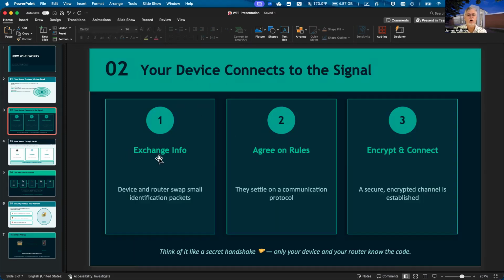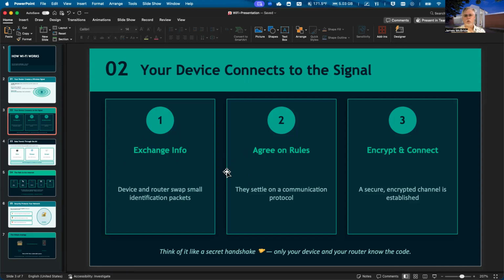So what do we do? Let's say you go over to your friend's house and you ask, "What's your Wi-Fi? What's your wireless password?" And they say, "My Wi-Fi is Bubba 42, and here's the wireless password." When you hit connect, it's going to say you need to put in the password, and you're exchanging information with the wireless router.